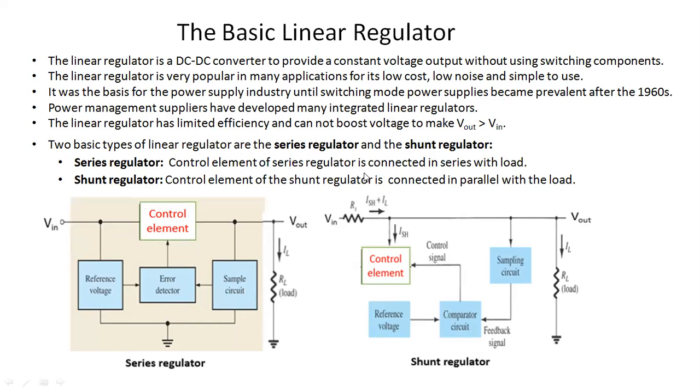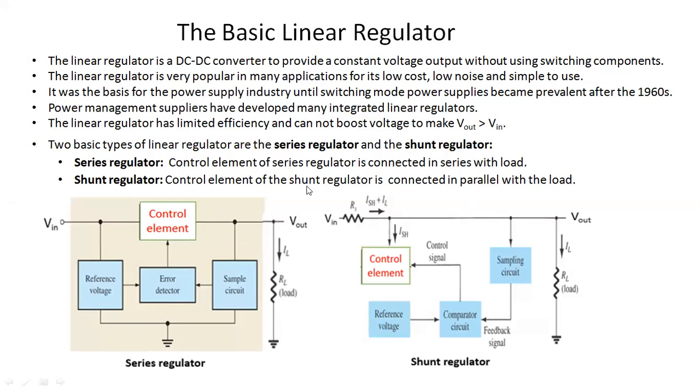In the series voltage regulator, or DC-DC converter, the control element is in series with the load, whereas in the shunt regulator the control element is in parallel with the load.